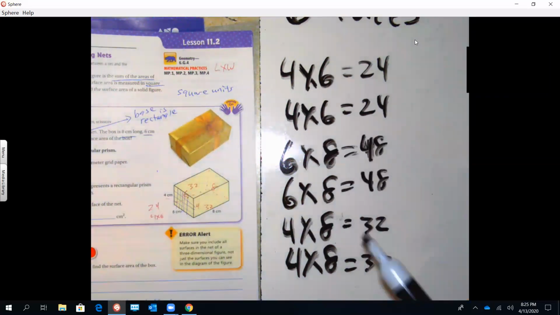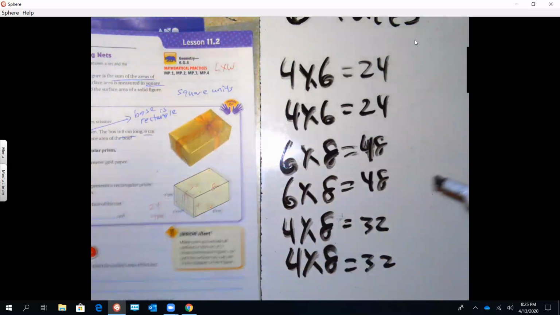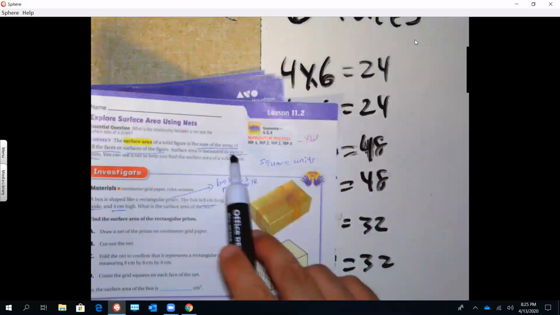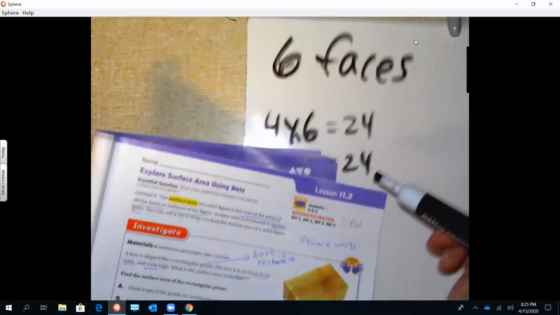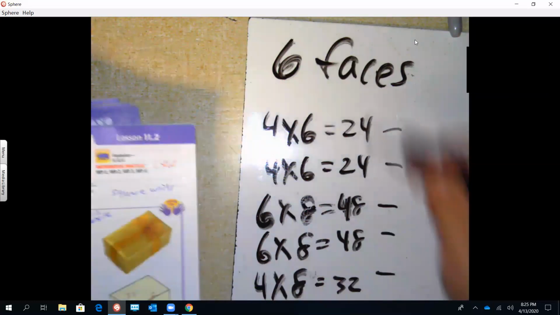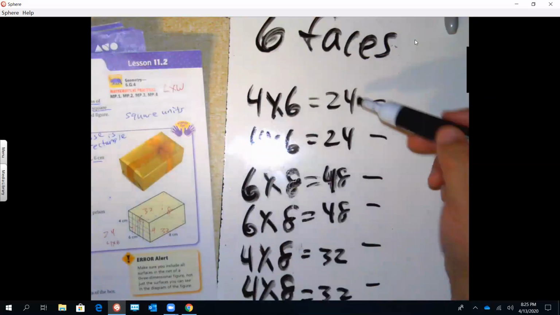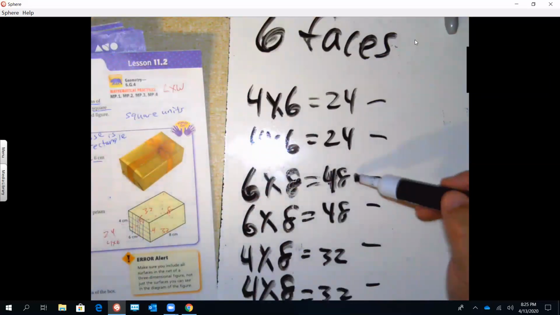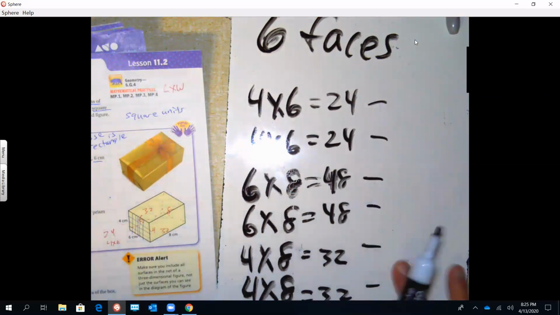Now it says to find the sum. Remember, find the sum of the areas of all faces. How many faces are there? Should be 6 faces. So 1, 2, 3, 4, 5, 6. So add them up. 24 plus 24 plus 48 plus 48 plus 32 plus 32.